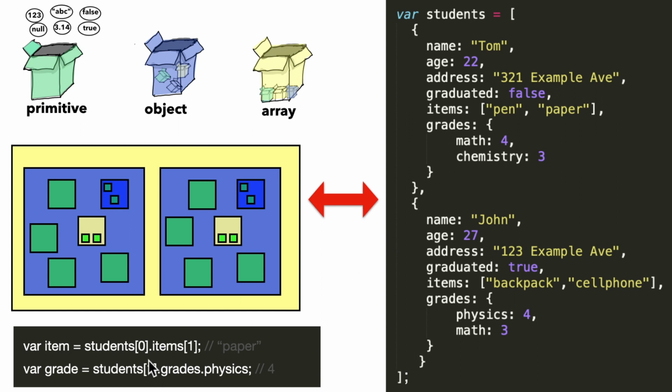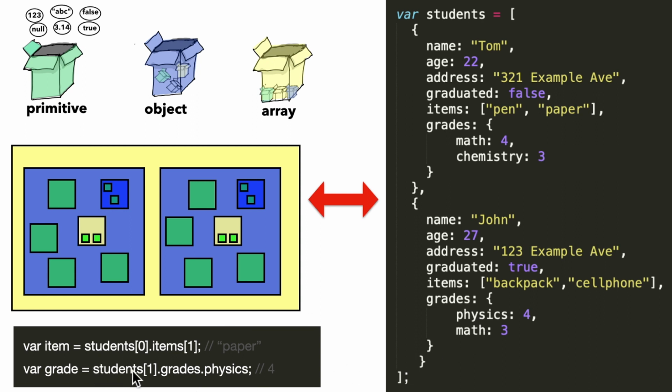So let's backtrack again. I had the first student, right? So now this is an object, and the way I access items, I just type in .items to access this element. And then within items, because it's an array, I just access the second index, which will give me paper. So this thing right here will return paper. This thing right here will return a grade of 4.